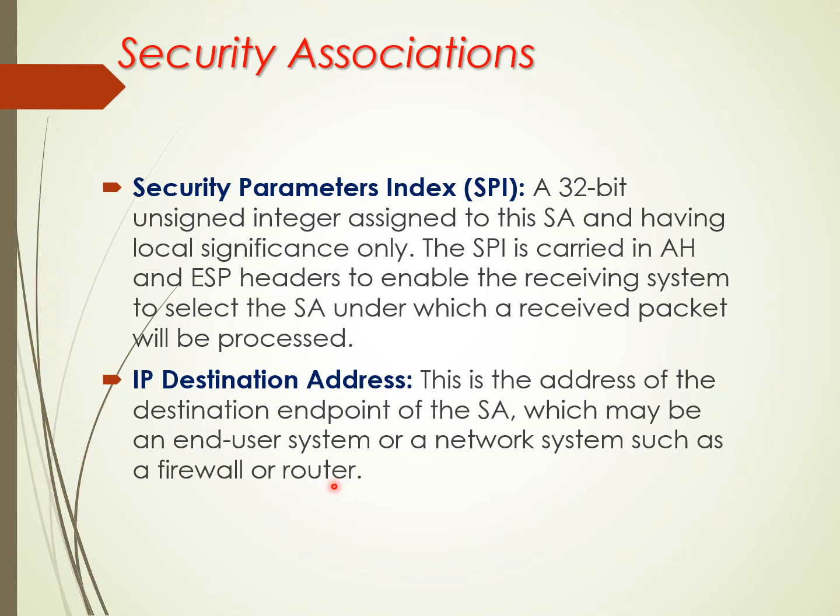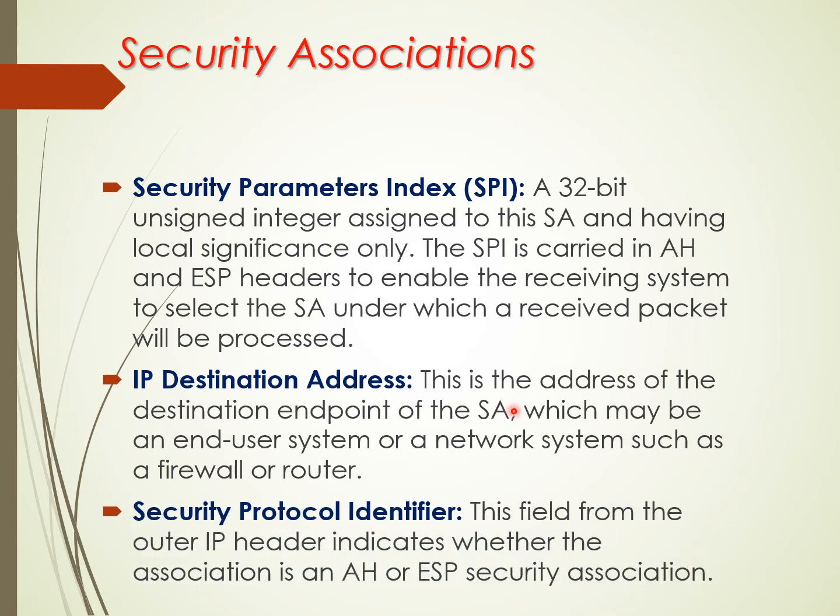We know what the role of a router is, right? Before the receiver receives the data, it is received by the nearest router. The IP destination address is nothing but the destination address, or the receiver address.